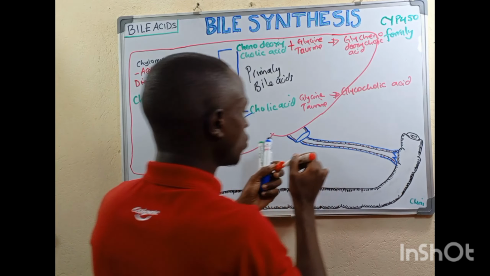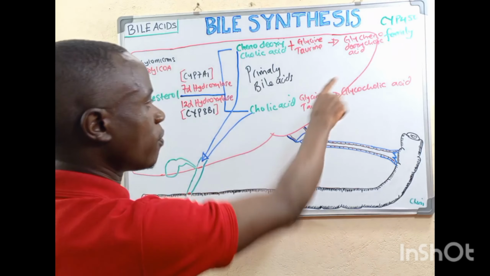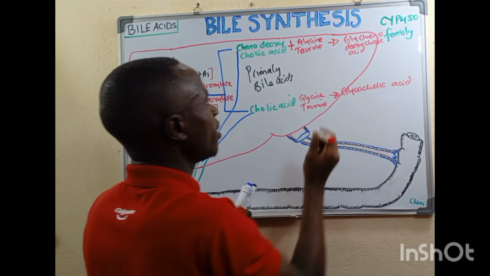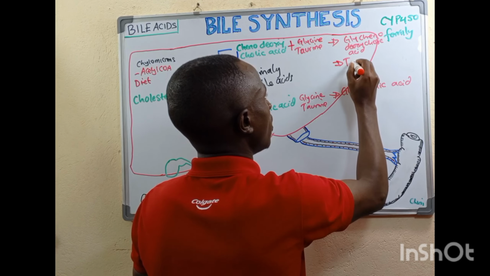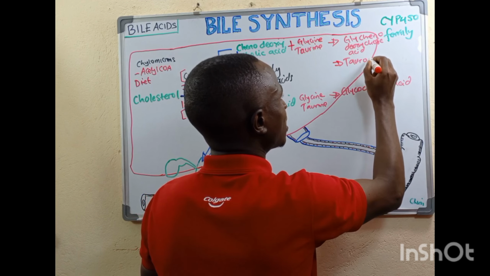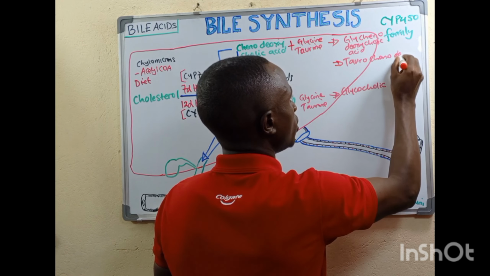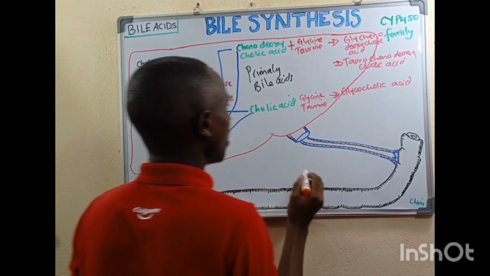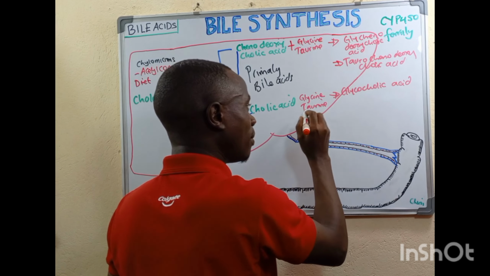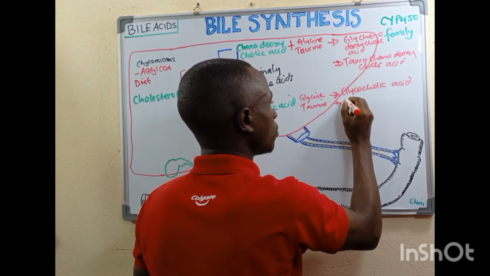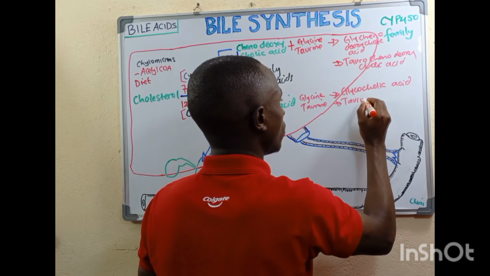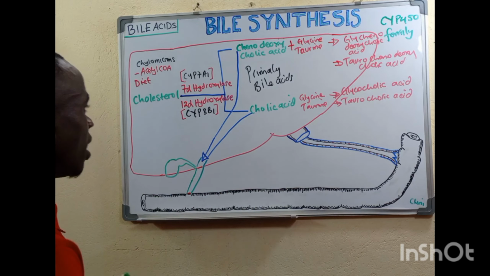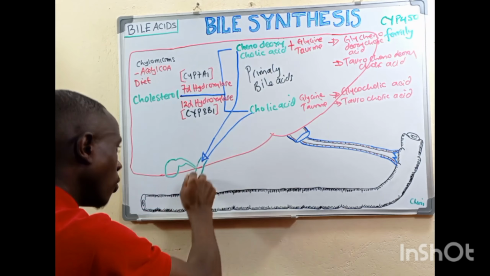So these are the conjugated forms of the primary acids. If you conjugate it with taurine, you are going to get taurochenodeoxycholic acid. And for the case of cholic acid conjugated by taurine, we shall get taurocholic acid. Okay, so now some of the primary bile acids moved down here.